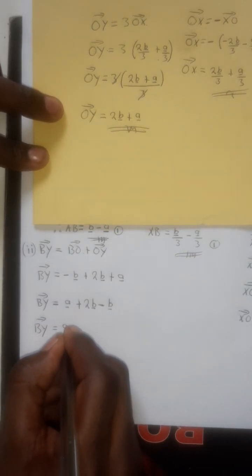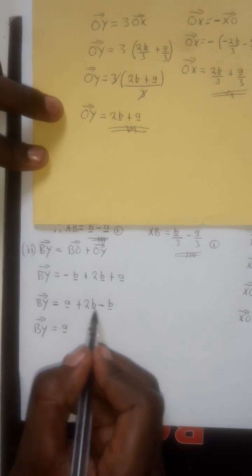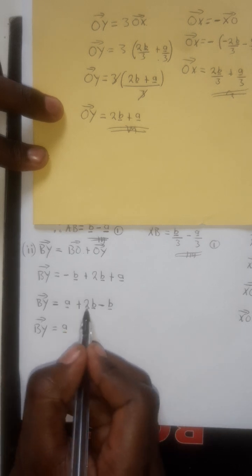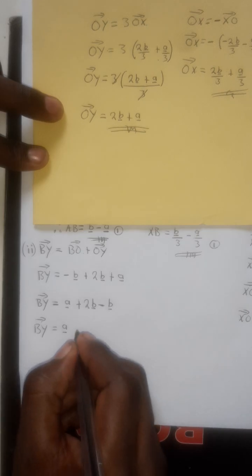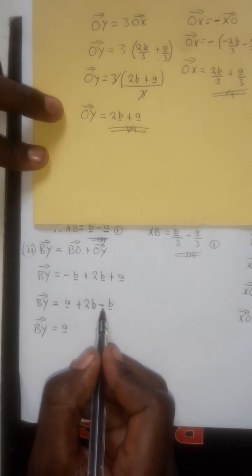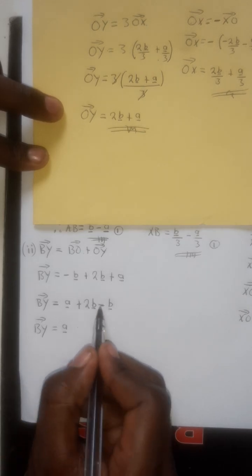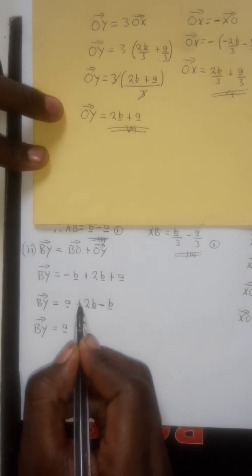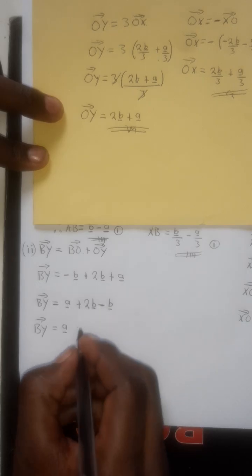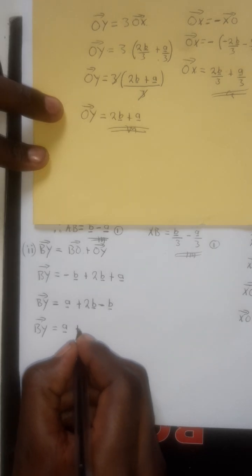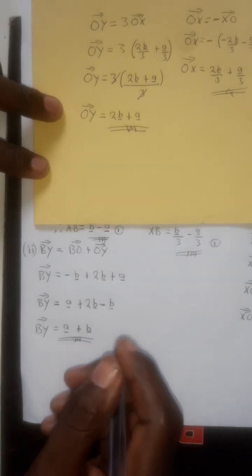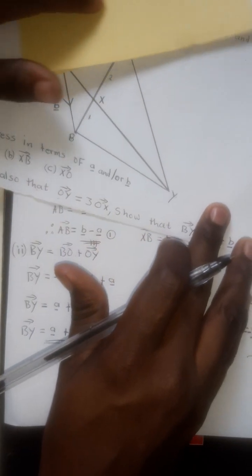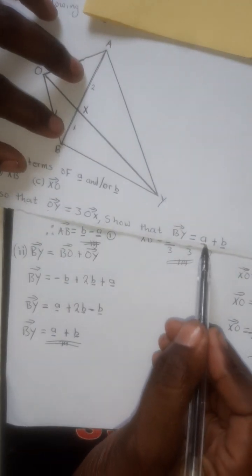So BY is equal to vector A. These are like terms, so you can say 2 vector B minus vector B. Here you can just use that concept where we say these signs are different. When the signs are different, you subtract and maintain the sign from the bigger number. So that is positive vector B. If you look at this answer and the answer that they gave us, they're just one and the same.